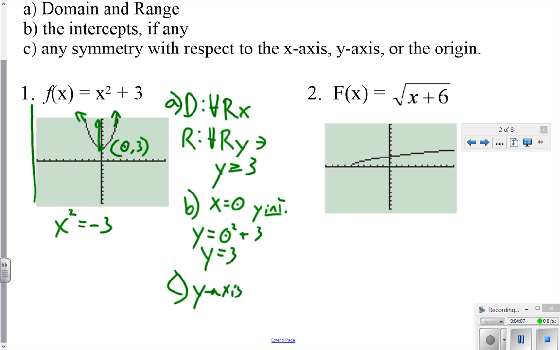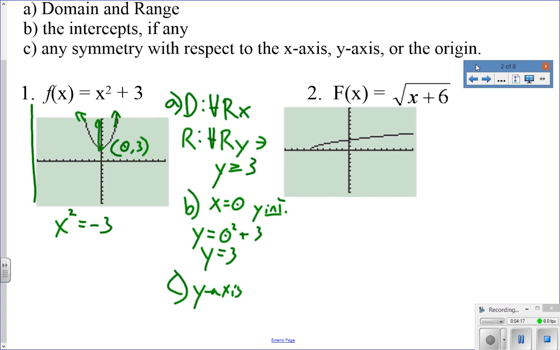For our next example, we have f of x equal to the square root of x plus 6. A square root is always good to recognize: it's the top half of a sideways parabola. If we wanted the bottom half, we'd need the negative, but we don't have it here. This function goes to the right and up forever, and it has an endpoint right here because our domain is restricted.